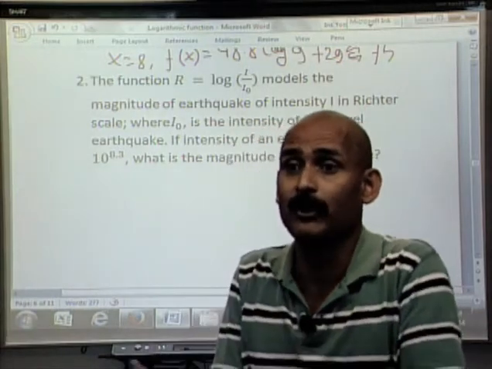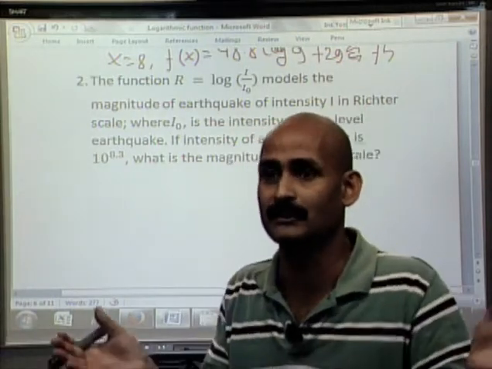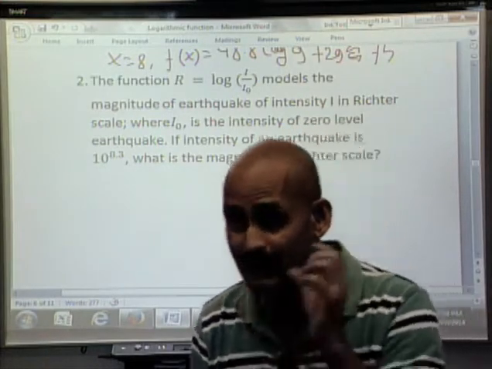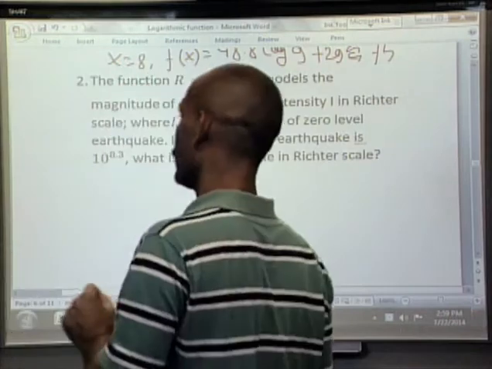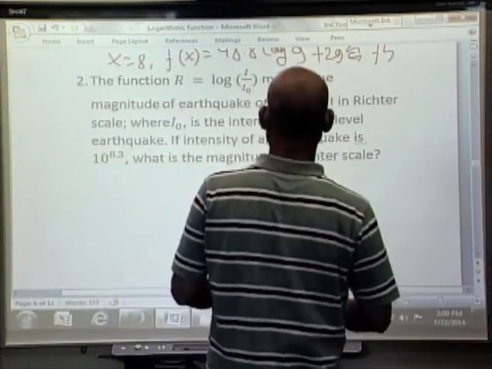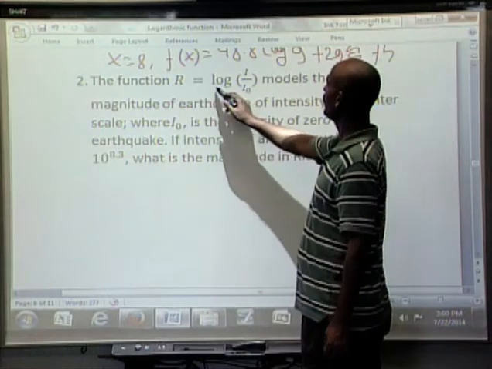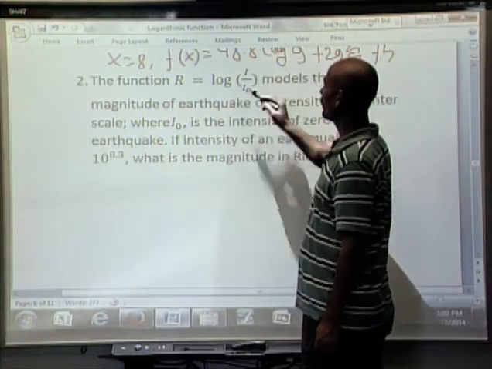You say, oh my gosh, that's a dangerous earthquake. Now, that Richter scale, the scale of the earthquake, they report is given by log of I over I0.